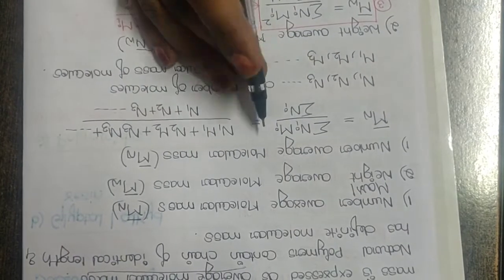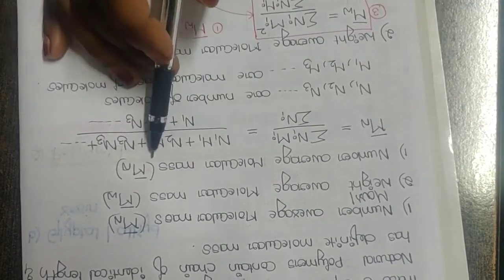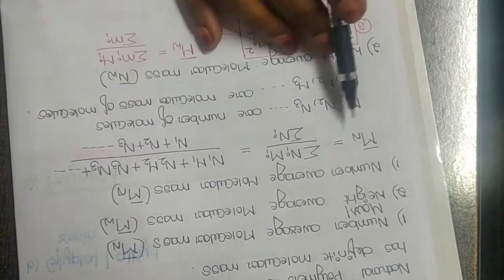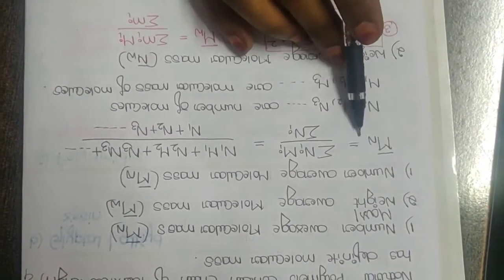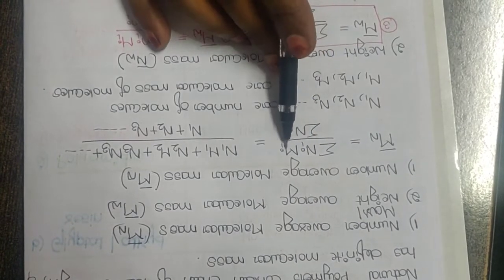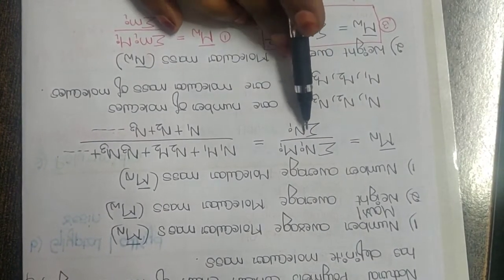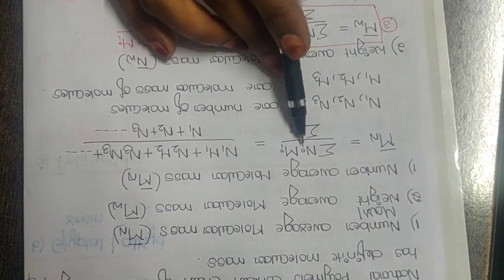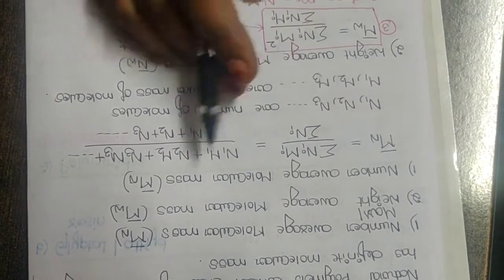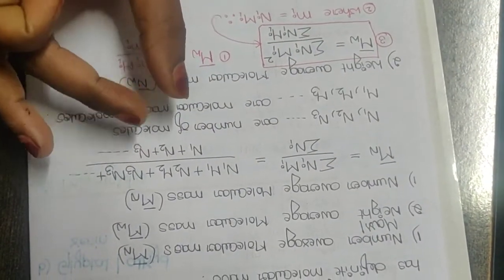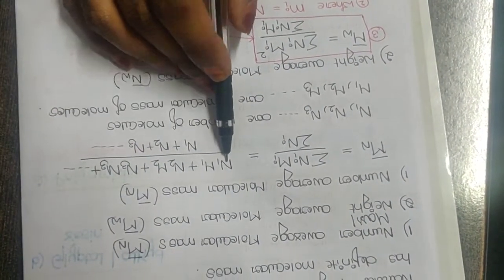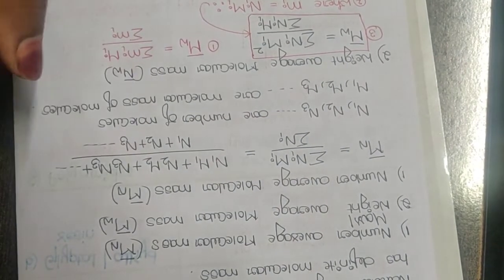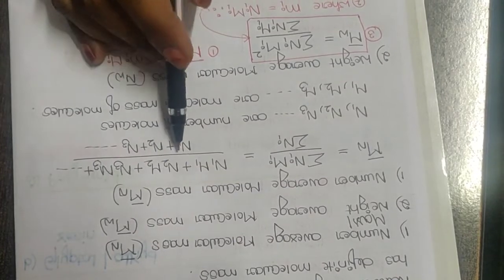So what is the formula, how to calculate the number average molecular mass? Problems have been asked. For number average molecular mass, the formula is Mn bar is equal to summation of Ni Mi divided by summation of Ni. Here you are going to add the various numbers as well as the molecular masses of each molecule present in a polymer.